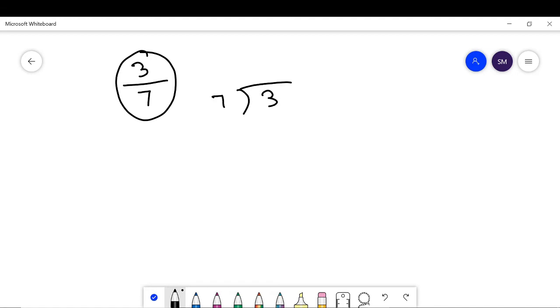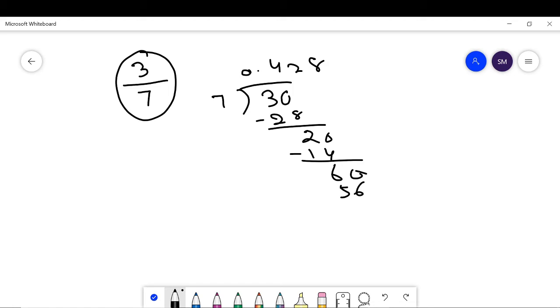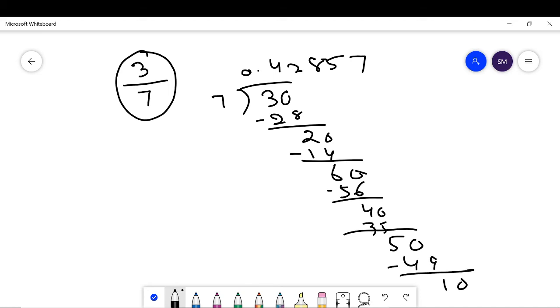Put the decimal point and put 0 here. 7 4s are 28, then 2 0. 7 2s are 14, then 6 0. 7 8s are 56, then 4 0. 7 5s are 35, then 5 0. 7 7s are 49, then 1 0. 7 1s are 7, then we get 3.